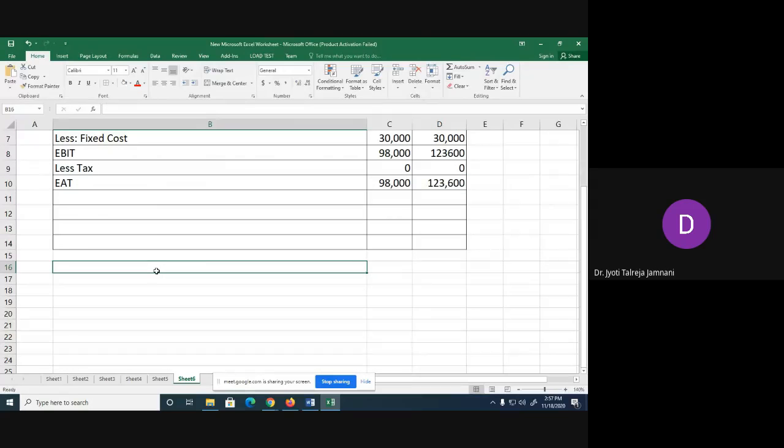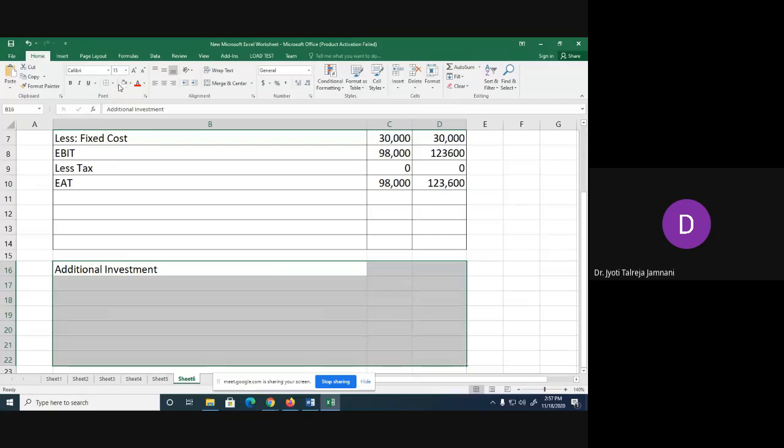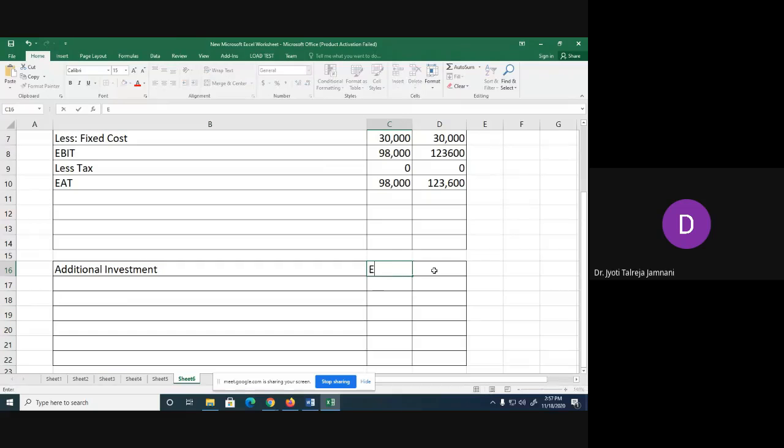So to find the additional investment, what do we do? We first find the debtors turnover ratio. So here existing and proposed. Debtors turnover, DTO, is equal to 360 divided by ACP, that is average collection period.